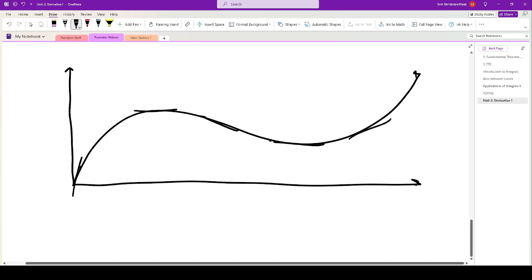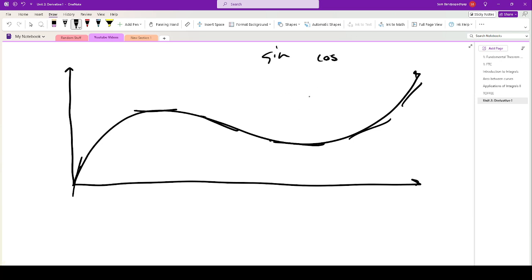This includes your sine, cosine, all of the polynomials, any exponential. They're all going to have this smoothness to them, right? And that's going to allow you to take the derivative at any point.